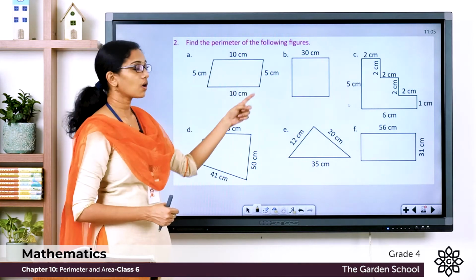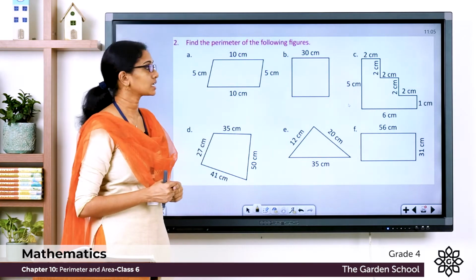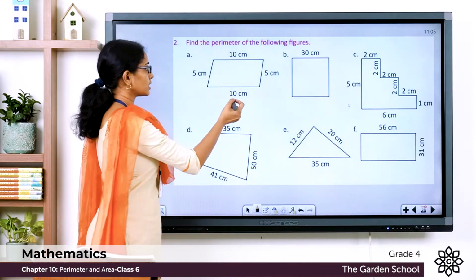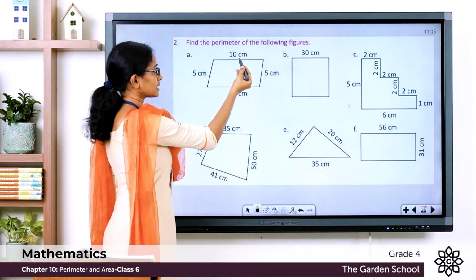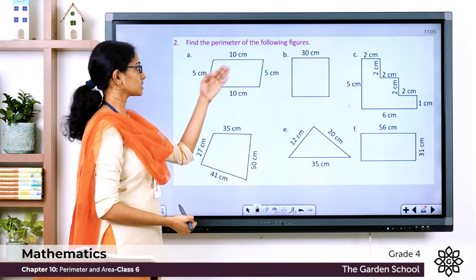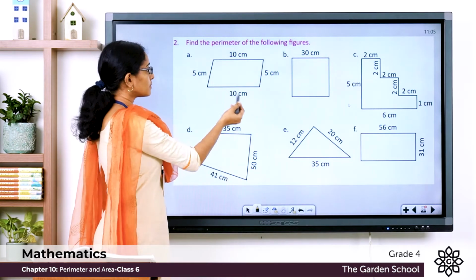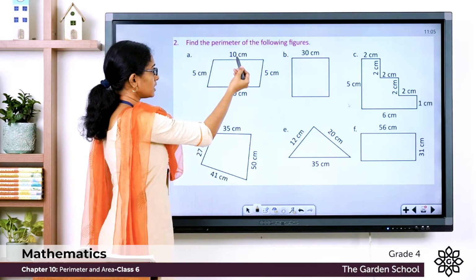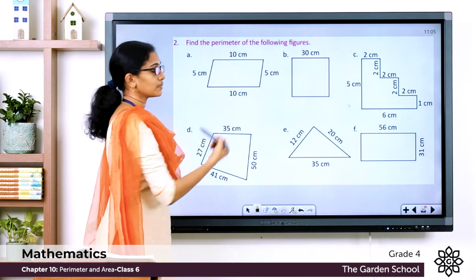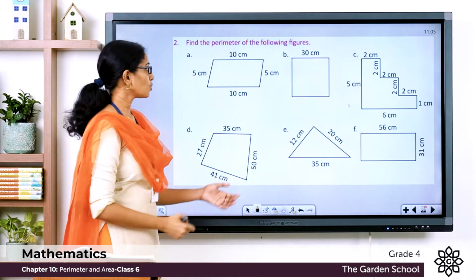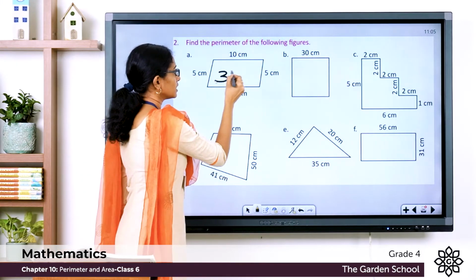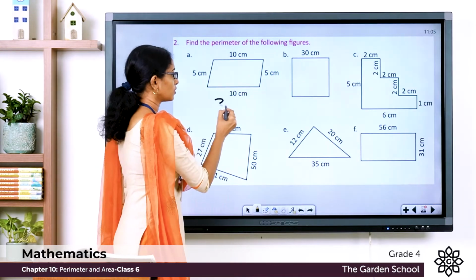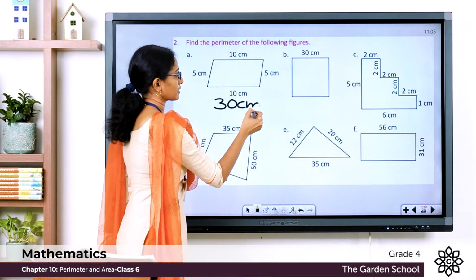Just add up all these lengths and you'll get the perimeter. Let's do the adding. So it is 10 plus 5 plus 10 plus 5. And what is it? It is equal to 10 plus 5, 15, plus 10, 25, 25 plus 5, 30. So what is the perimeter of this figure? It is equal to 30 centimeter.